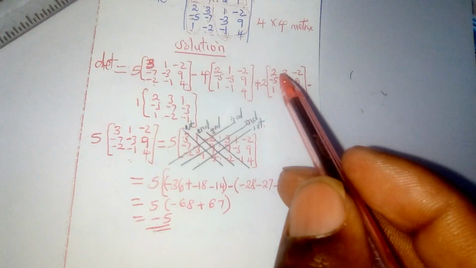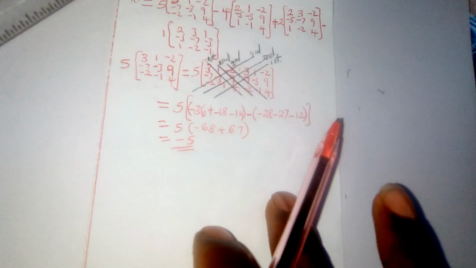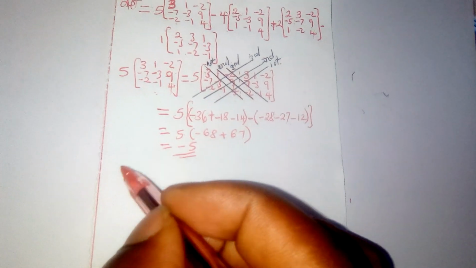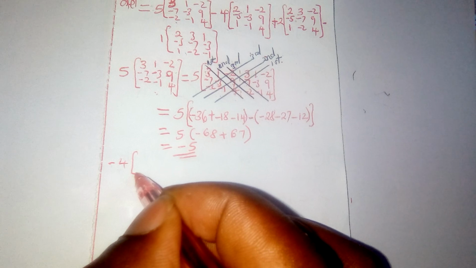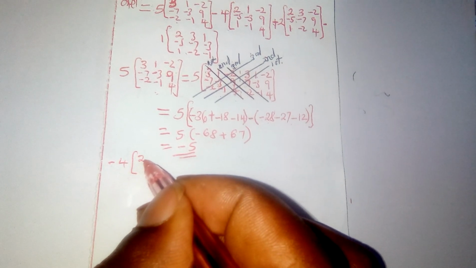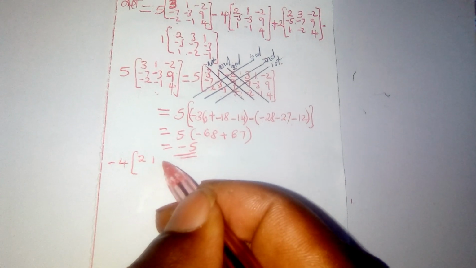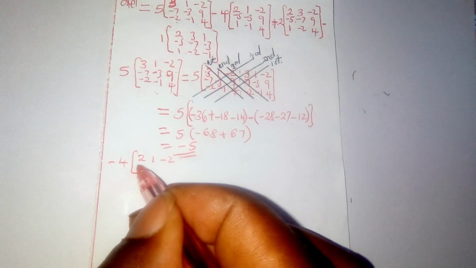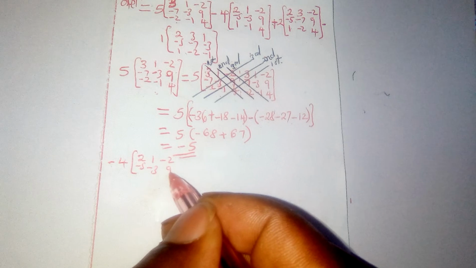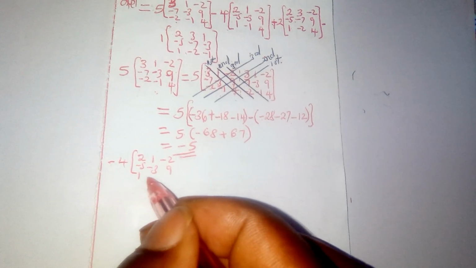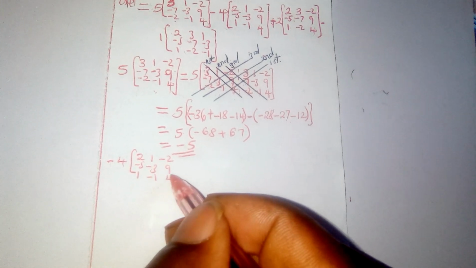So the second part I have now, that is negative 4, put a bigger bracket, then write the content, that is 2, 1, negative 2, as well as I have negative 5, negative 3, 9, as well as I have 1, and finally 4.